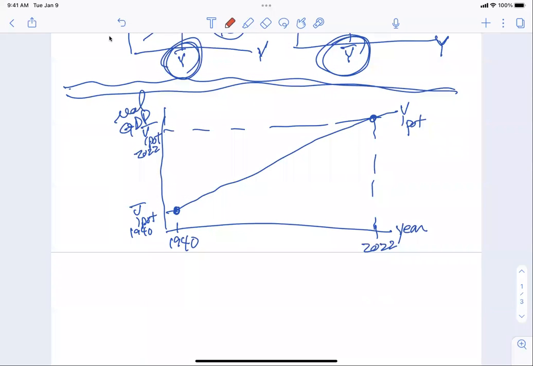We could also plot in any given year actual GDP, which could be the same or could be different than potential GDP. Sometimes the economy might be operating below potential GDP. Other times it could be above, right? This is the business cycle.